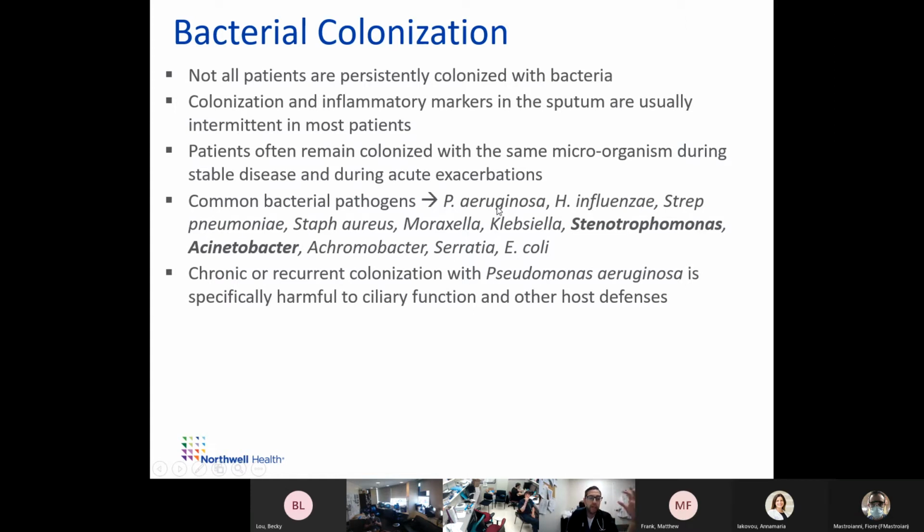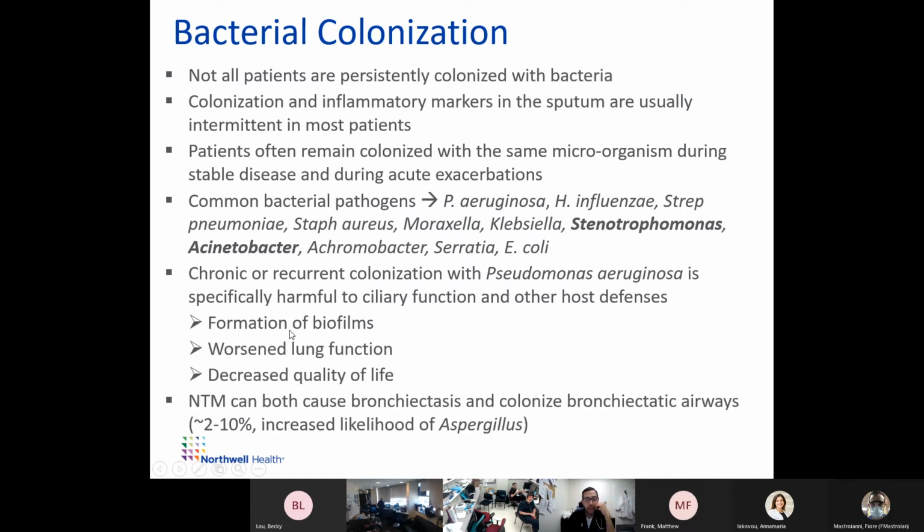And that's why there's a lot of research dedicated to, one, eradication therapy, secondly, chronic inhalational therapy with anti-pseudomonal antibiotics. Pseudomonas is harmful to ciliary function, it leads to formation of these biofilms, and like we said, the worsened lung function and quality of life.